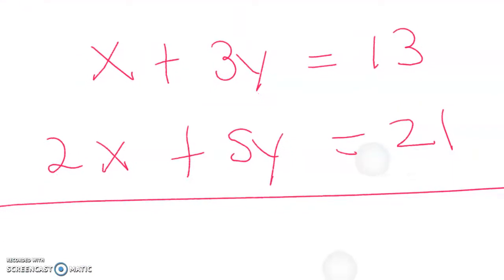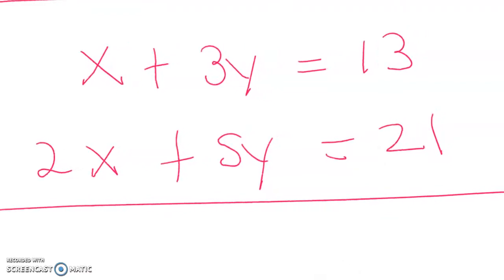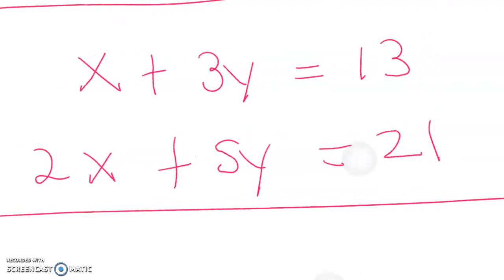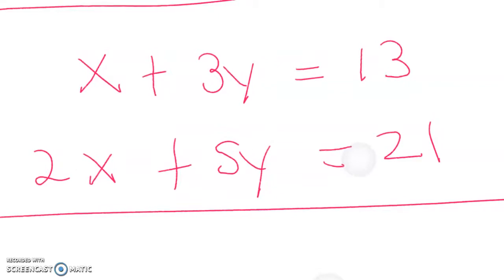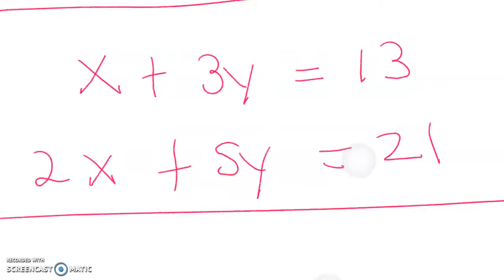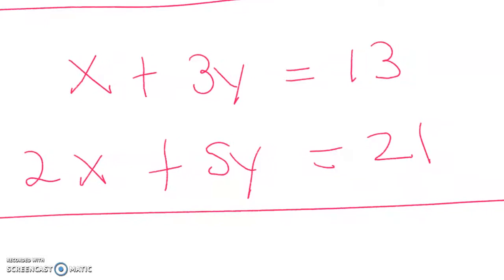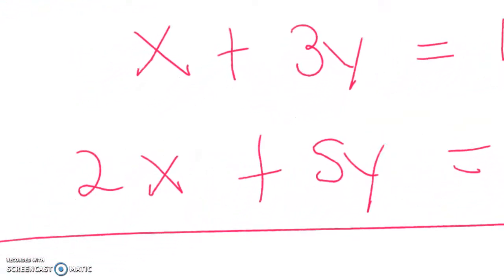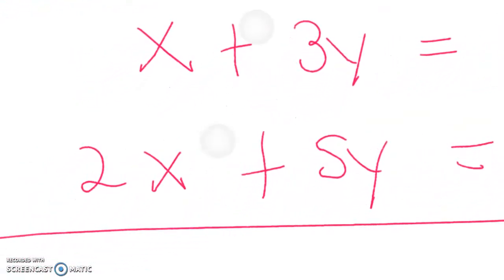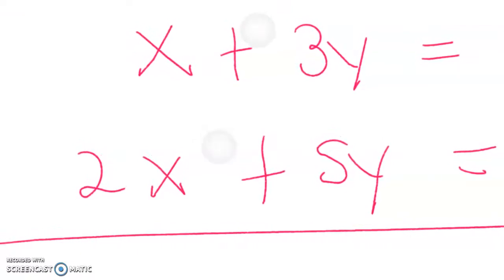But if you're cancelling the x's, for example, or cancelling the y's, what number must you get every time something cancels? To cancel, you need to get 0, don't you? Grand. So I'm going to cancel the x's. I've got a 1x on top and a 2x in the bottom.